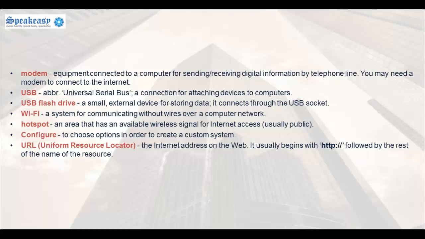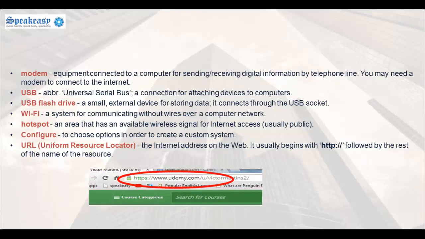An area that has an available wireless signal for internet access, usually public. Configure. To choose options in order to create a custom system. URL. Uniform Resource Locator. The internet address on the web. It usually begins with http:// followed by the rest of the name of the resource.